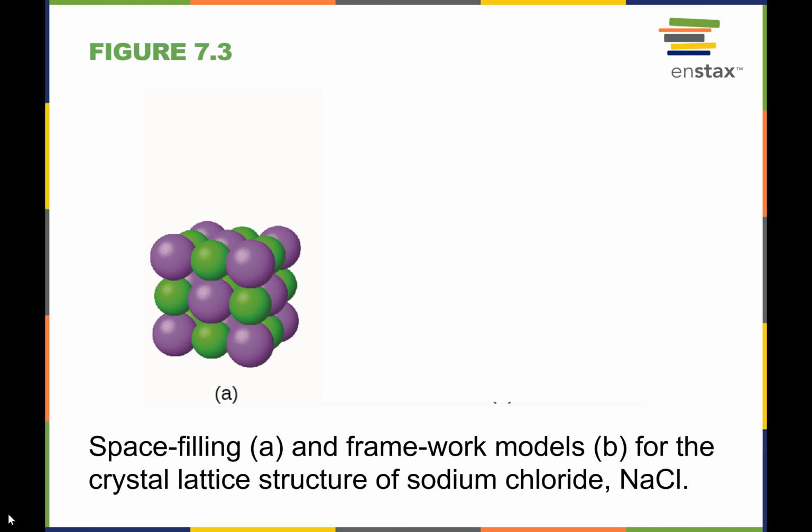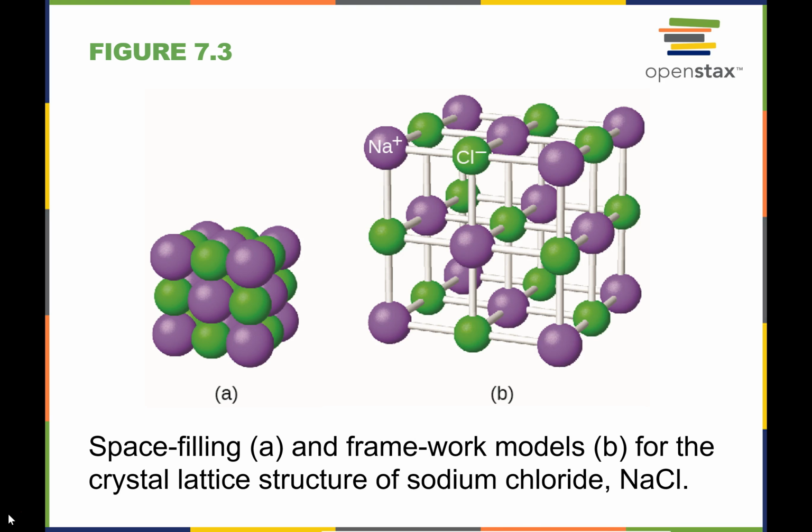I have some images, and I like the other image better than this, because this doesn't show the small cation, the big anion. But this is the crystalline lattice structure. You can see this better here, where the green are the chlorine anions. You can go this way, this way, this way, or this way, so six different ways.